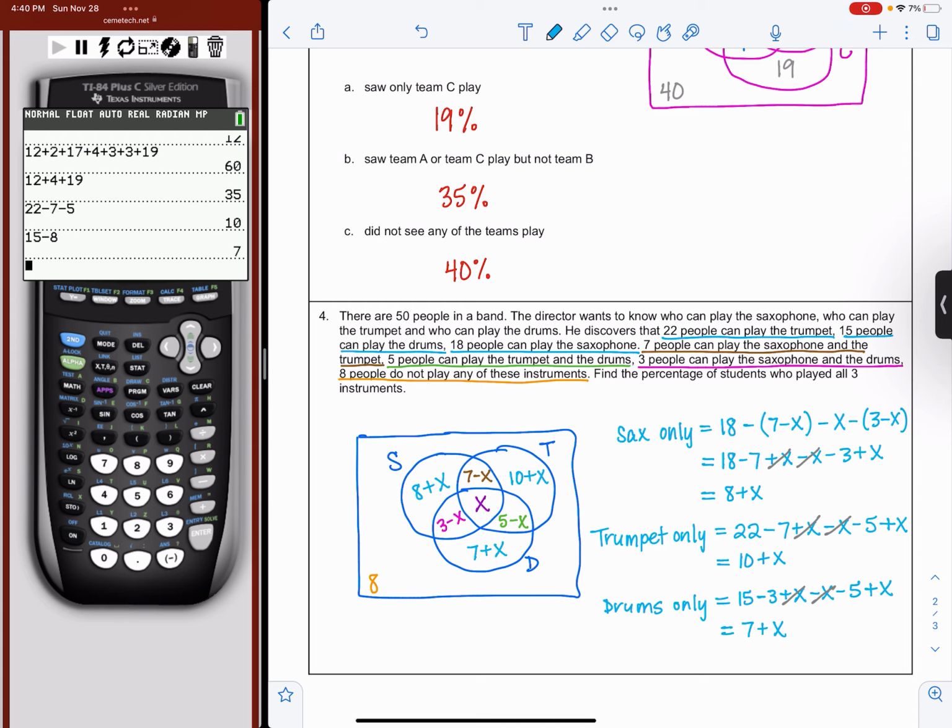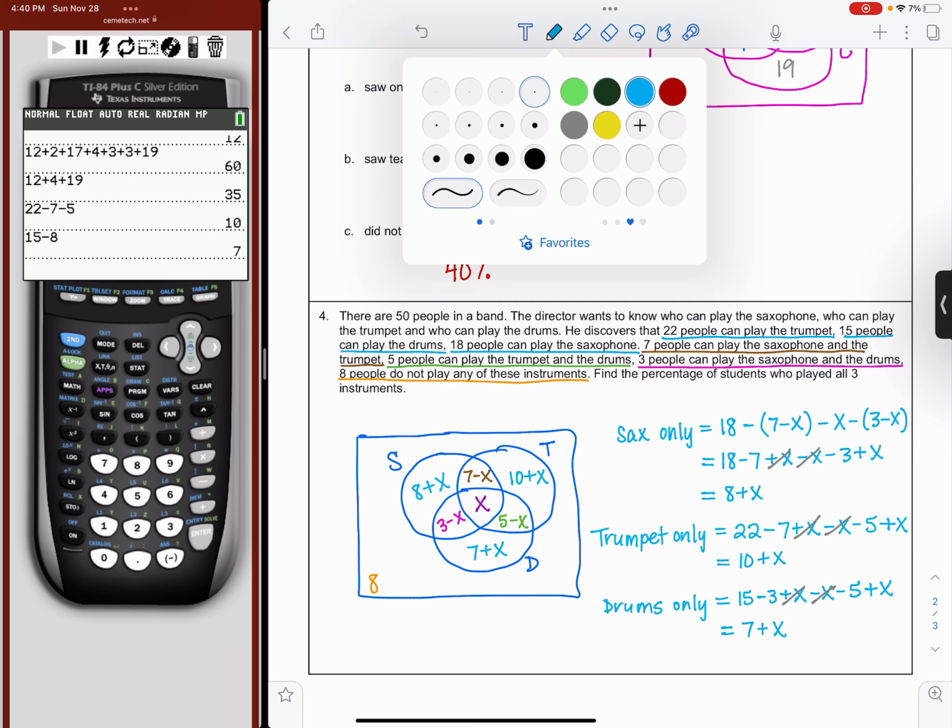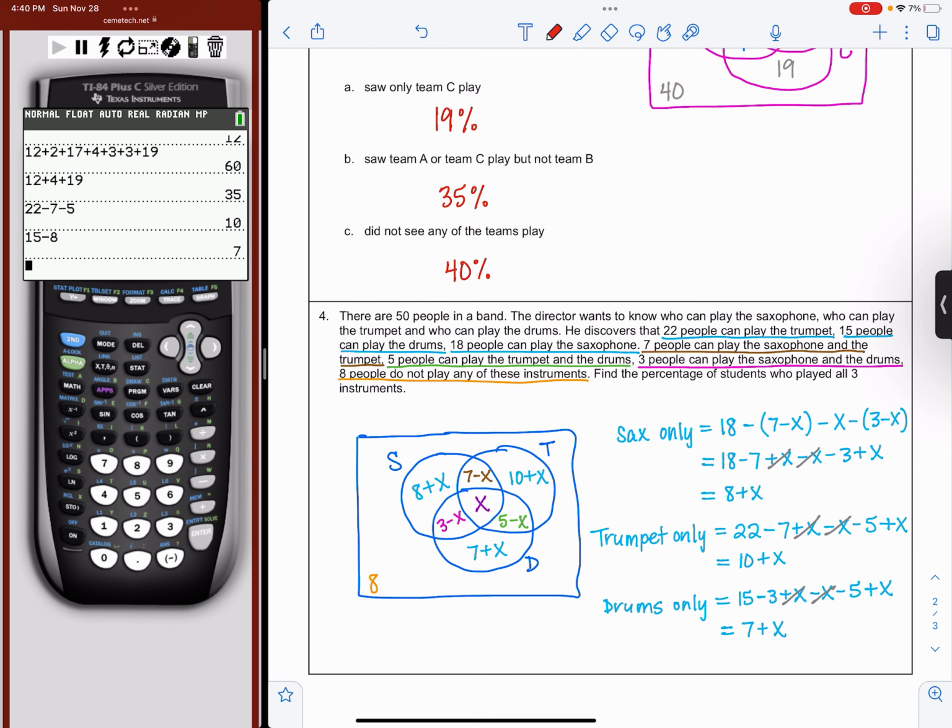So now to figure out how many students play all three, we can just set up the equation. Our equation is adding up everything in the Venn diagram.